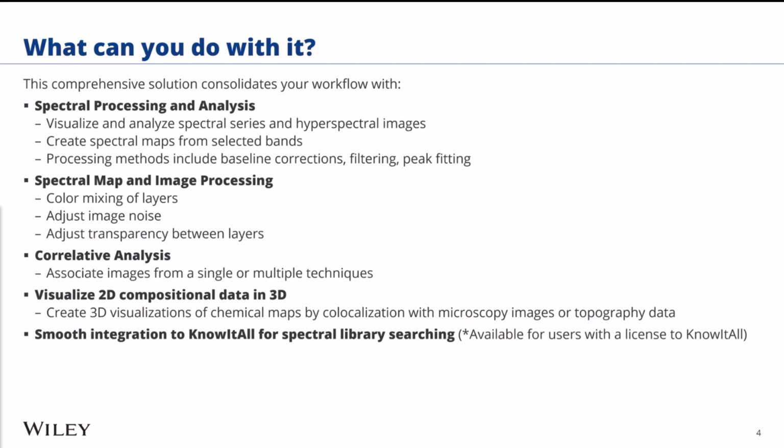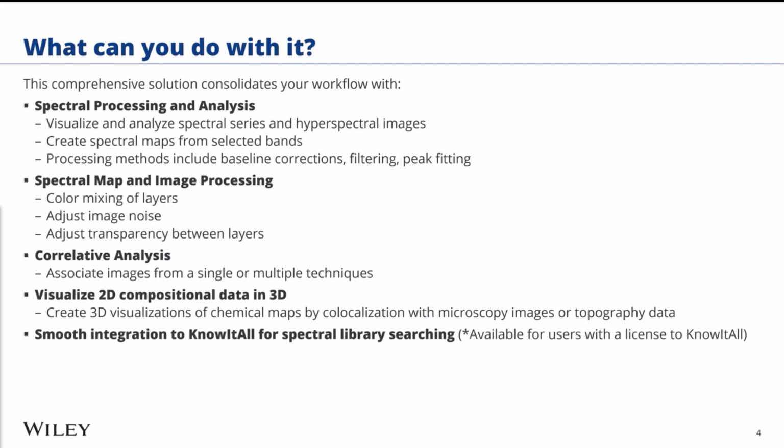Next up, you could also do spectral map and image processing, such as color mixing of layers, adjust image noise, adjust transparency between layers. You can perform correlative analysis, so you can associate images from a single or multiple techniques. You can visualize 2D compositional data in 3 dimensions.